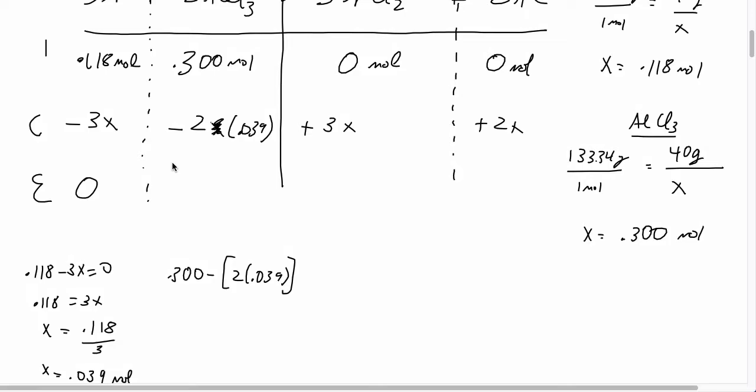So 0.3 minus 0.078 equals 0.222 moles. Okay. And then what we have to do is now take 3 times that. So this is 3 times 0.039. So 3 times 0.039 equals 0.117.